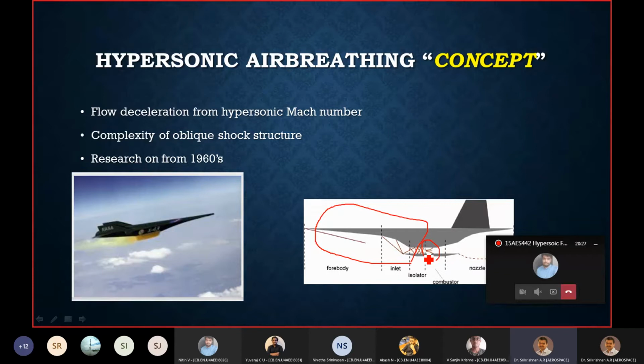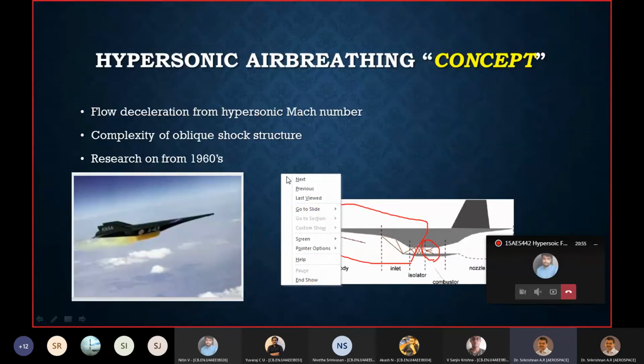So all these entail multi-physics issues, not just aerodynamics or gas dynamics: chemical reactions, structural considerations, everything matters at the same time, and there is a strong coupling between all of them. That's the reason why research is going on on various fronts.